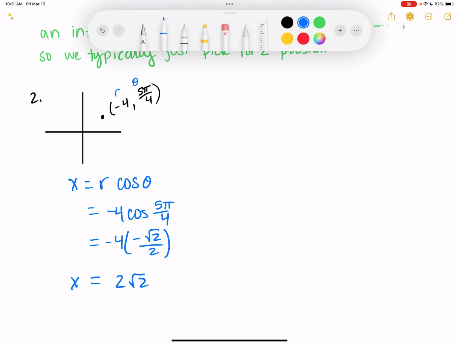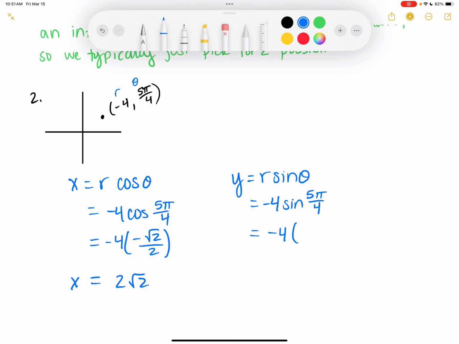Then the y is r sine theta. So this is going to be -4 sine of 5 pi over 4. And what is the sine of 5 pi over 4? Negative root 2 over 2.